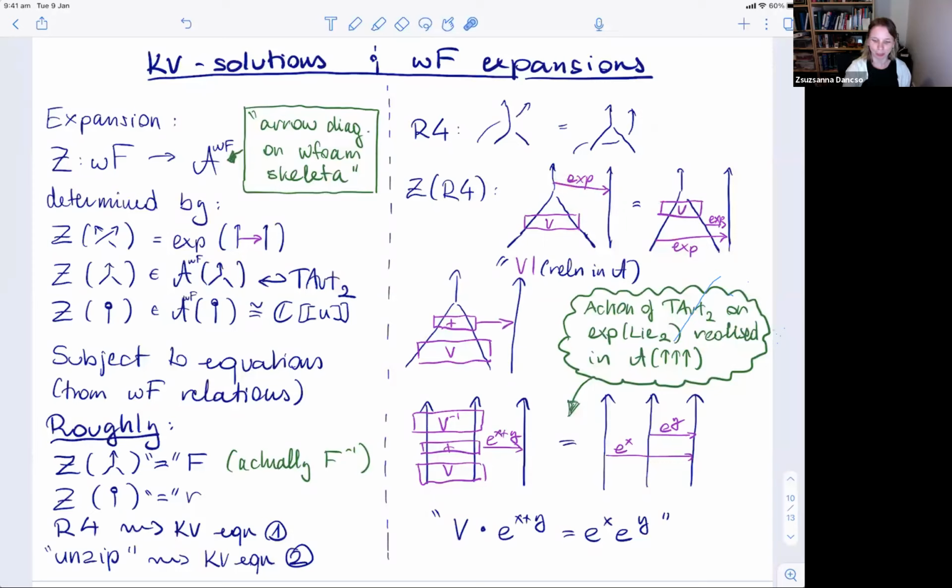And then you do some arrow diagram magic and it rearranges to precisely what the first KV equation is. Actually, the action will be on the other side because what we'll get is not actually F, but F inverse, but that's a technicality. So that's the heart of the matter. Of course, there are 1,000 other technical details.